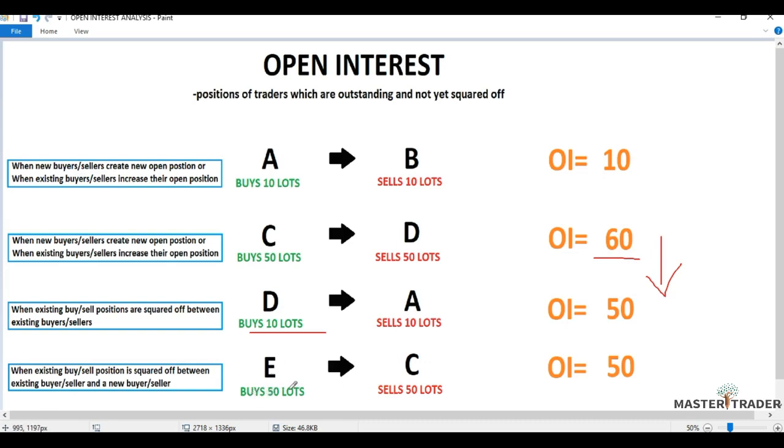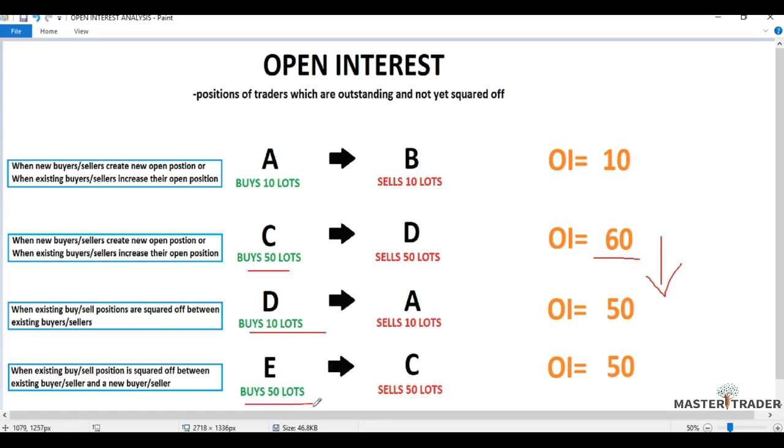But keep this in mind, E is buying 50 lots from an existing trader, from C, where C bought 50 lots earlier from D. Now C is selling the 50 lots which were purchased earlier, and C is selling it to a new player, E.